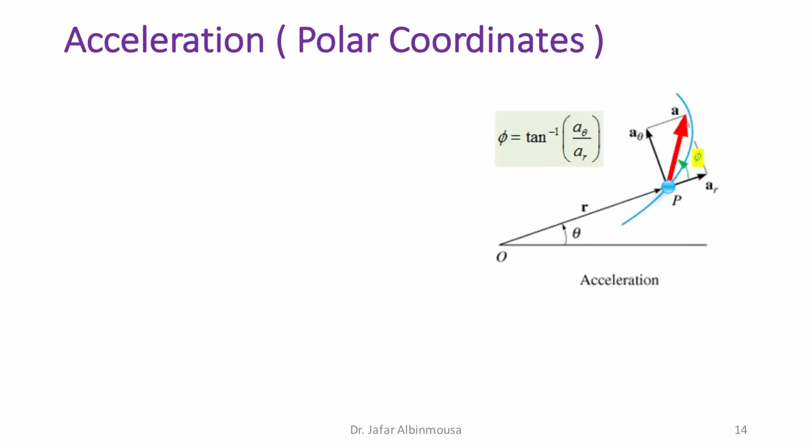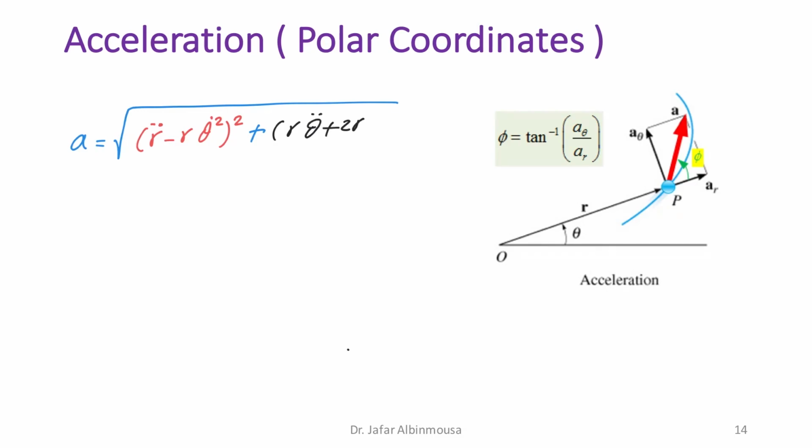If we want to find the magnitude of the acceleration, it is going to be equal to the square root of r double dot minus r theta dot squared, all squared, plus r theta double dot plus 2 r dot theta dot, all squared.